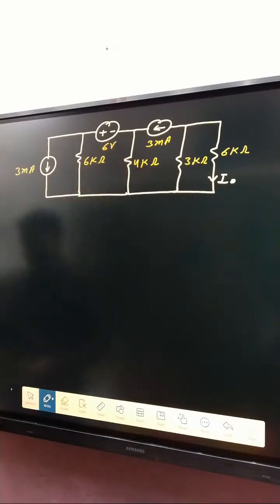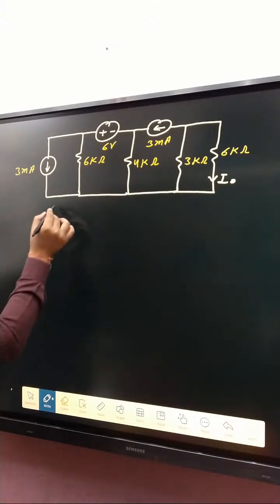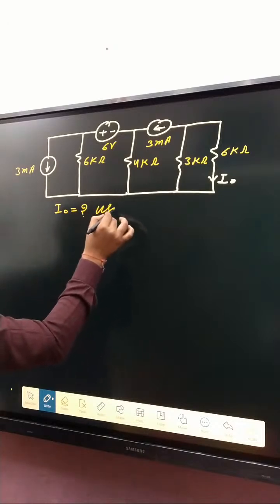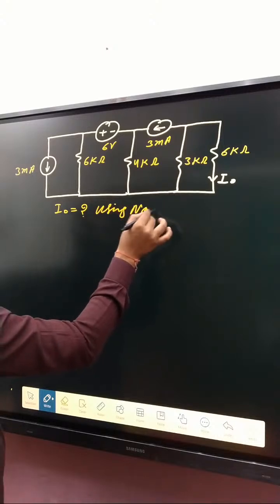Our motto is to determine I naught using nodal analysis.